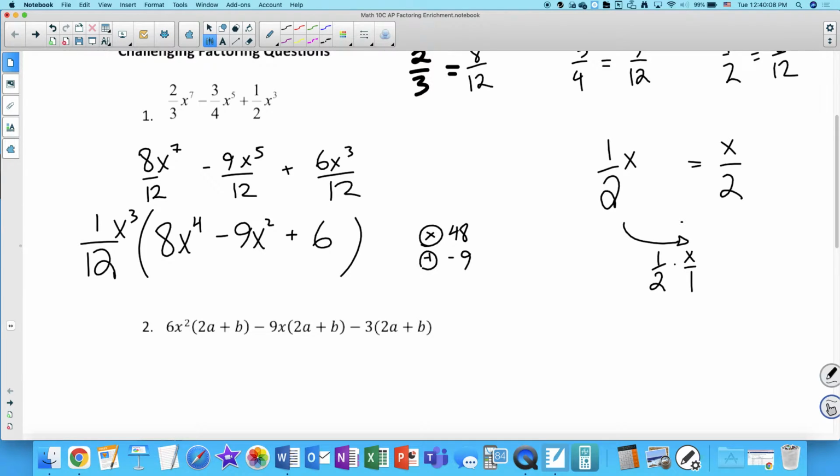Yes? Isn't there a greatest common factor among the bracketed numbers? No, because 8 and 9 don't have any common factors. Oh, yeah. Right? Yeah, so this won't work, because if you think of what multiplies to 48, it's 1 and 48, 2 and 24, 3 and 16, 4 and 12, and 6 and 8, right? So even if those are both negative, they're not going to add to negative 9.